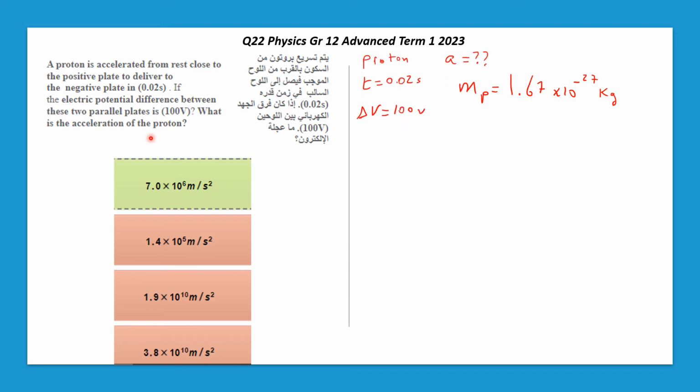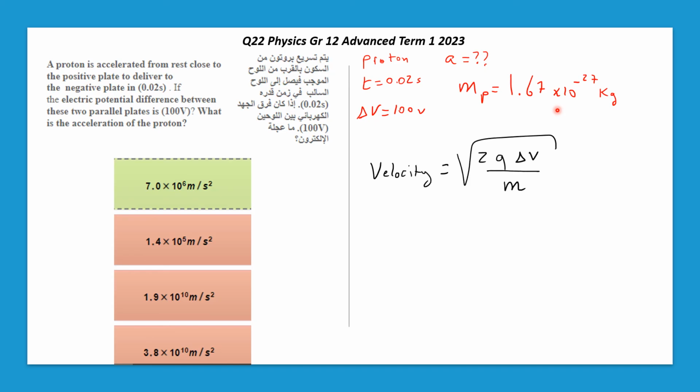We know it's a proton, the time is given as 0.02 second, and delta V is equal to 100 volt. The mass of the proton is given in the formula sheet. It's 1.67 by 10 to the power of minus 27 kilogram.